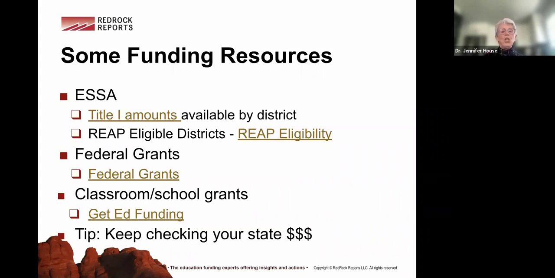So they're already looking at how the states can start to supplement that. We're having a little blip right now with the stock market, things like that, indicators that there may be a little dip in state funding, so keep checking your state funding.